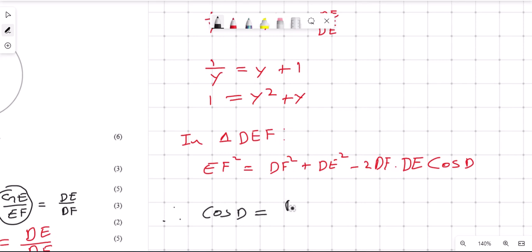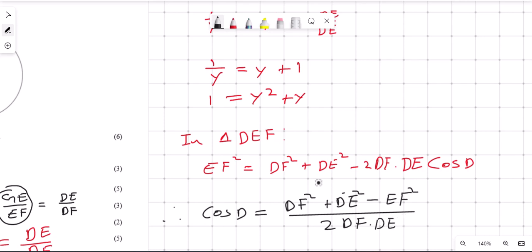So it's going to be DF squared plus DE squared minus EF squared over 2 DF multiplied by DE. Are we winning so far? Yes.